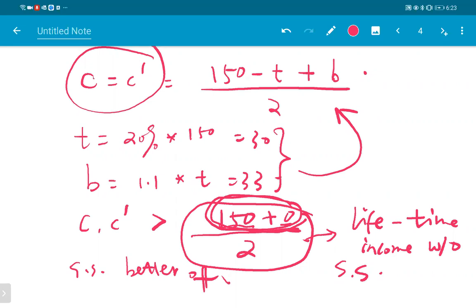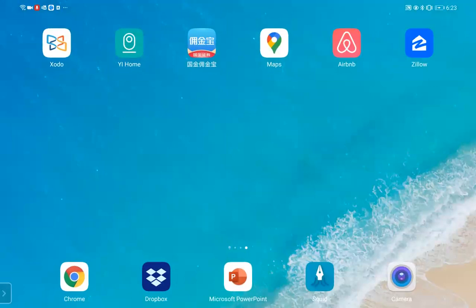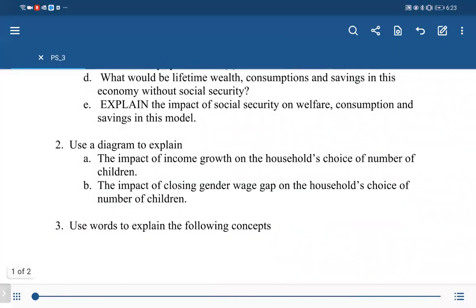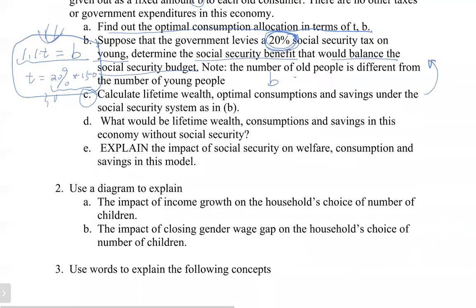Okay, so let's go back to the question again. D: what would be lifetime wealth, consumption and saving in this economy without Social Security?